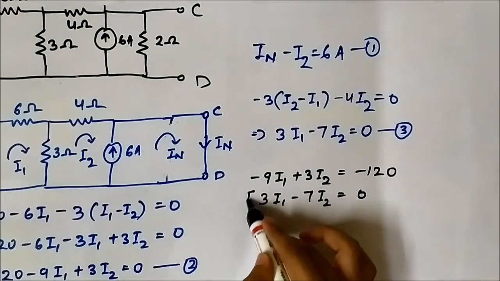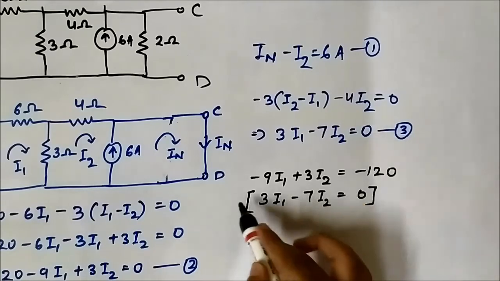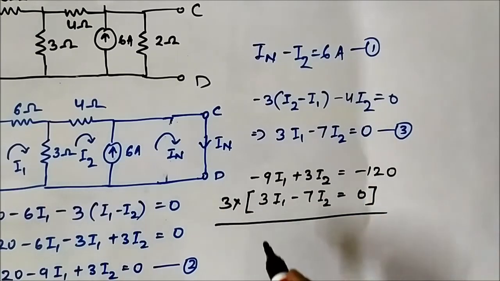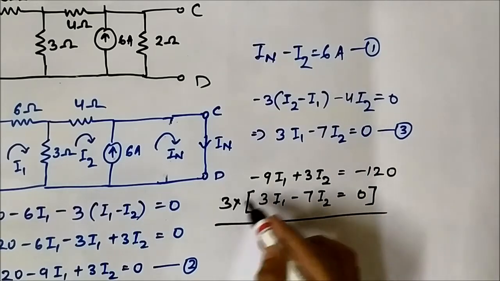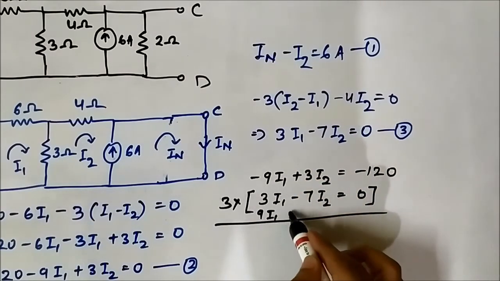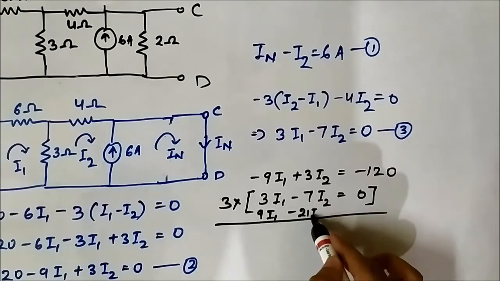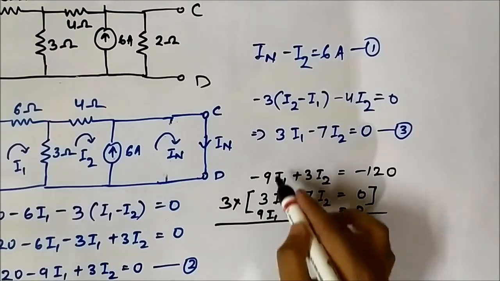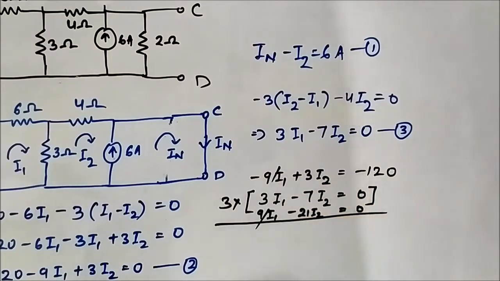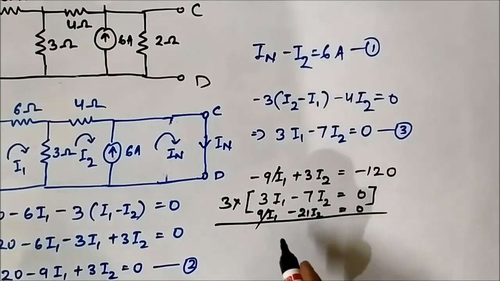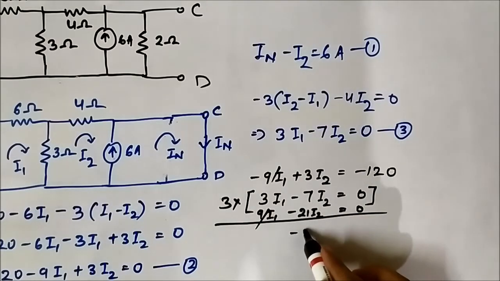We multiply equation 3 by 3 and add, so it becomes 9I1 minus 21I2 is equal to 0. Minus 9 plus 9 gets cancelled, and plus 3 minus 21 is minus 18I2.